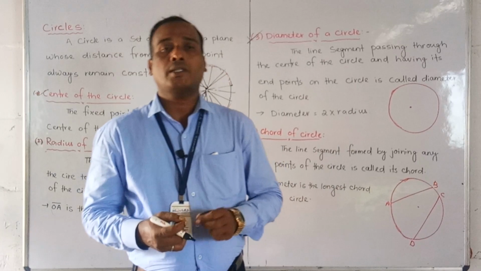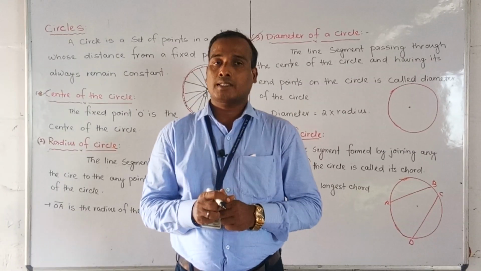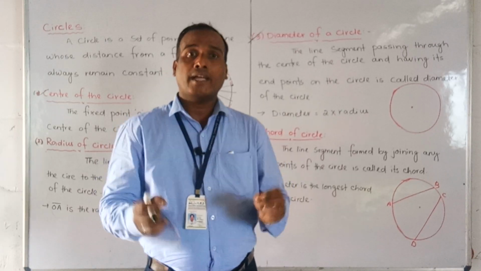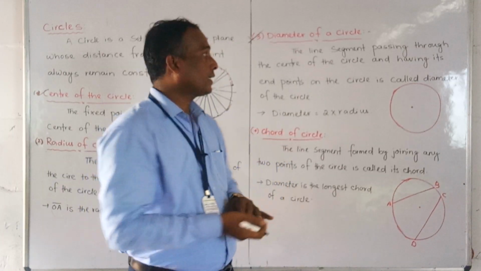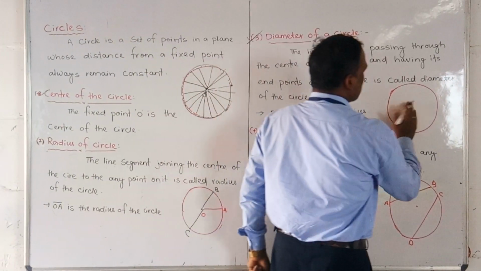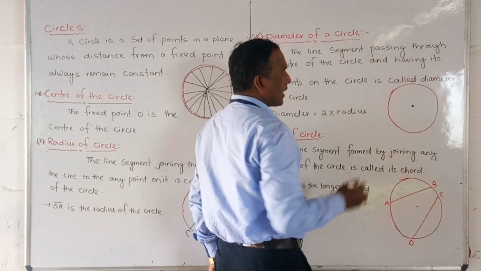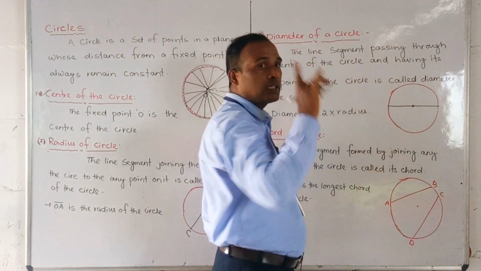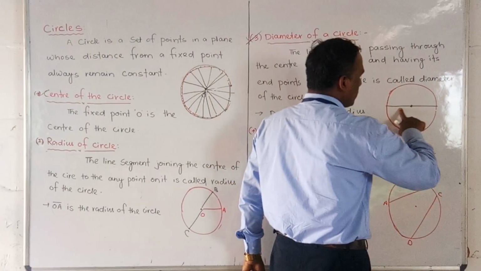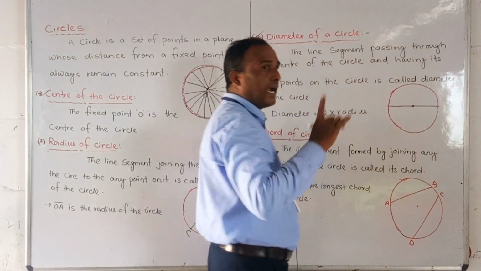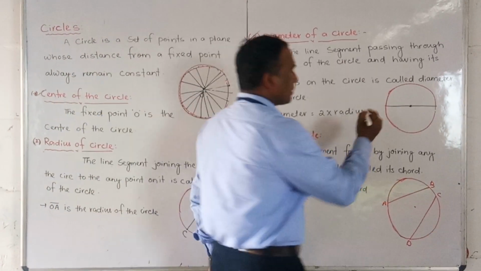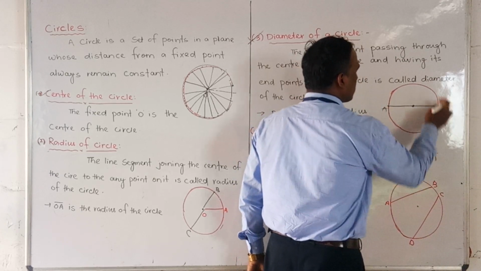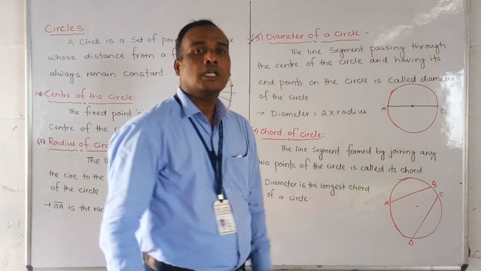It is also a line segment which passes through the center of the circle, and its ends should be on the circle. Now suppose this is one circle, and we draw one line segment that passes through the center of the circle, and the two ends are on the circle. Suppose this end is A and this end is B, both on the circle. Then that is called a diameter.